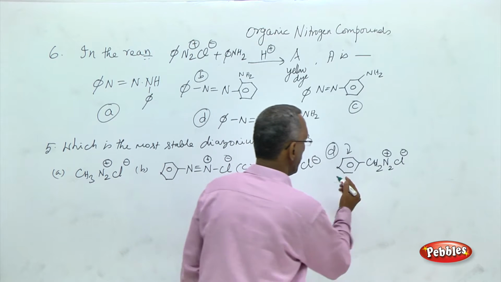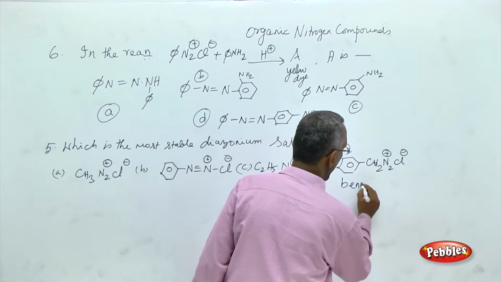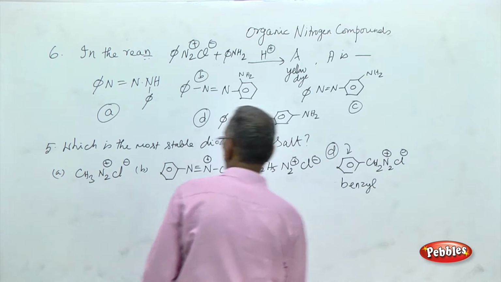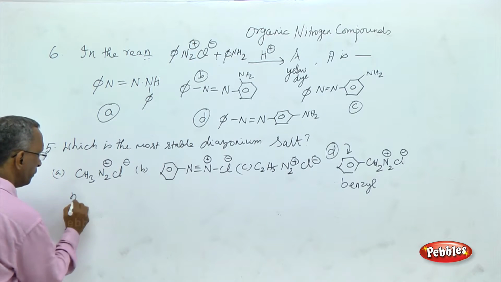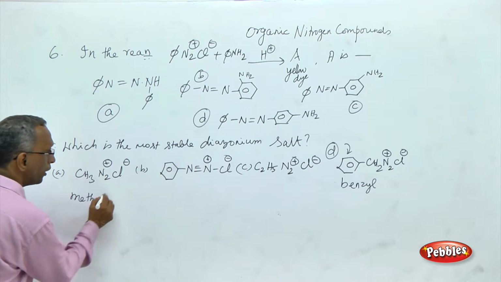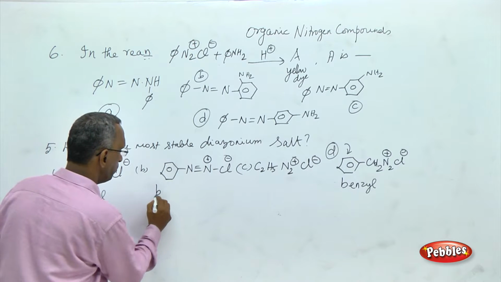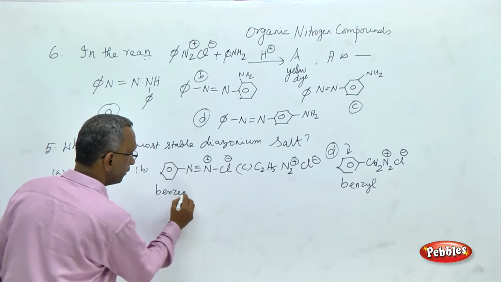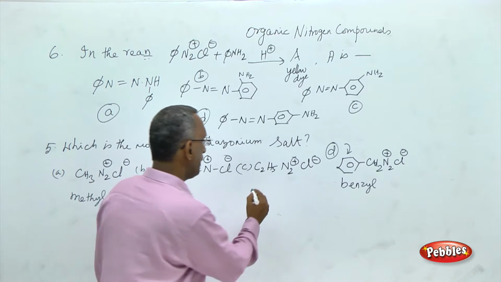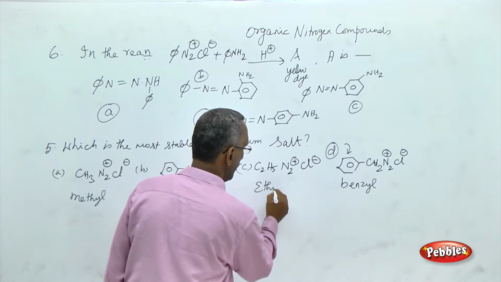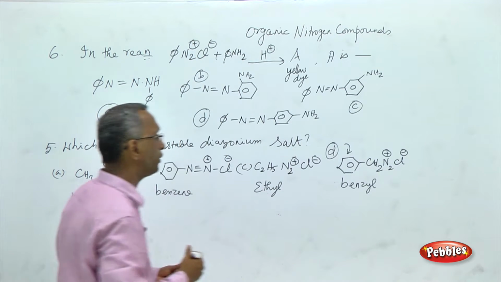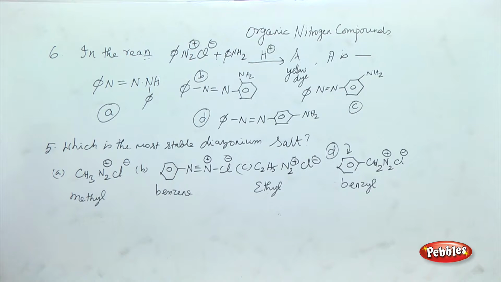Fourth one is called benzyl diazonium chloride, C6H5CH2 is called benzyl.